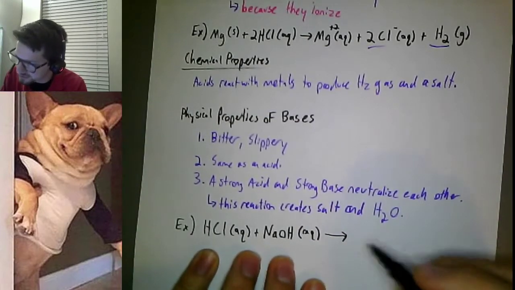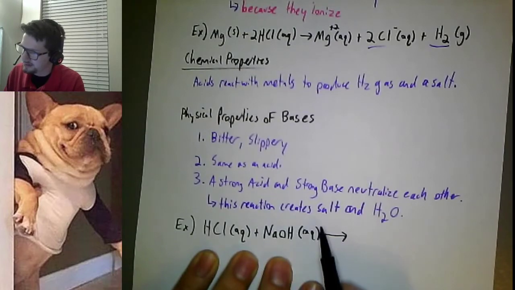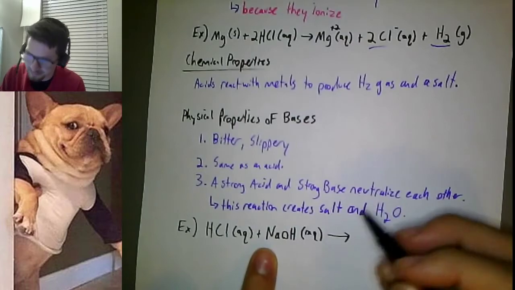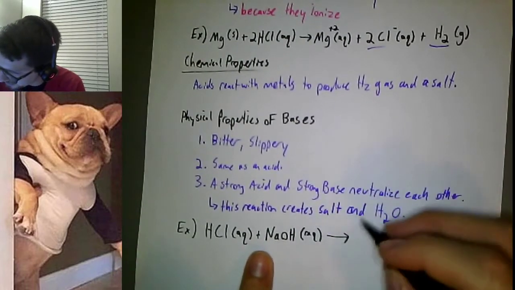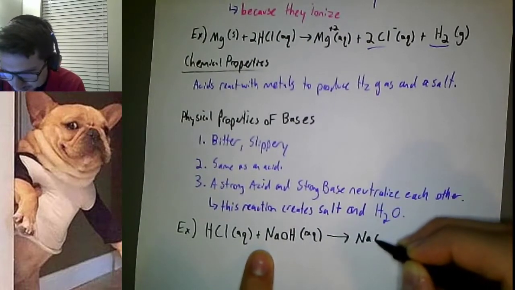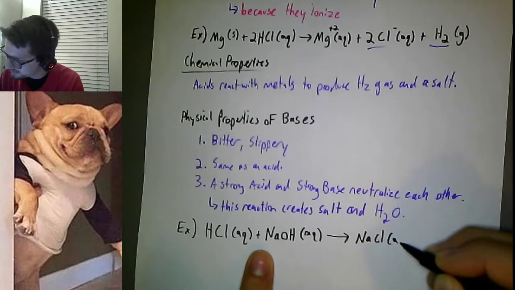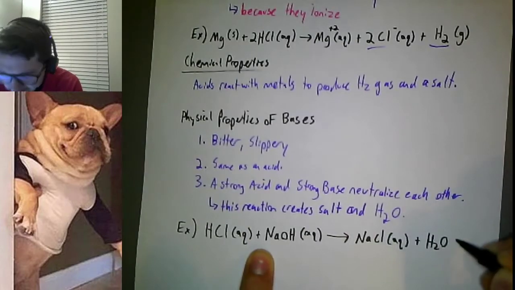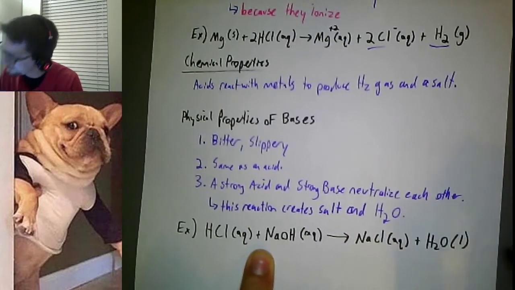If we combine these two pieces, if we have a strong acid and a strong base, then this is going to create some salt, aqueous, and water, liquid.